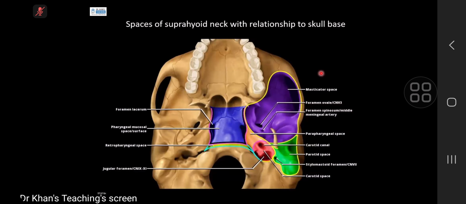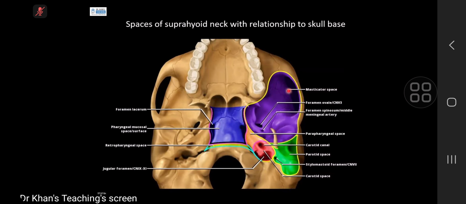The key concept about masticator space is that there are few spaces in the head and neck which touch the base of the skull. Masticator is a very important one, and many exam cases will be asked because of that. I've shown you many cases because it abuts the foramen ovale, and from there there is the concept of perineural spread of tumors, and infections can go upstairs.